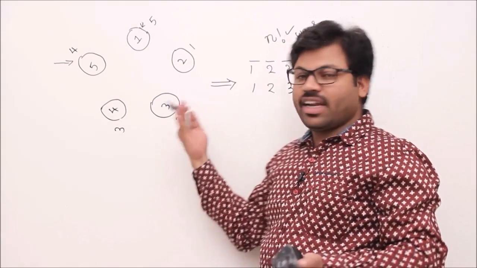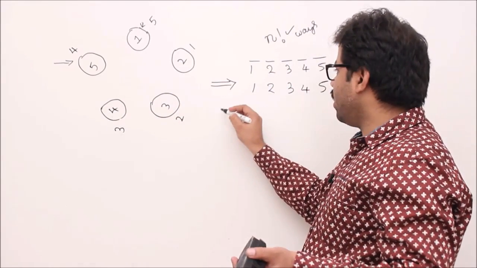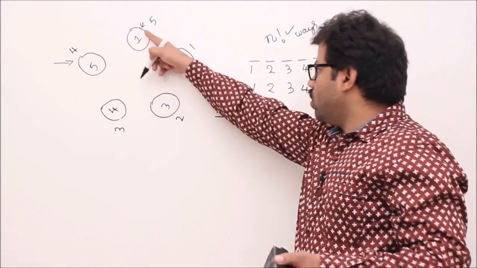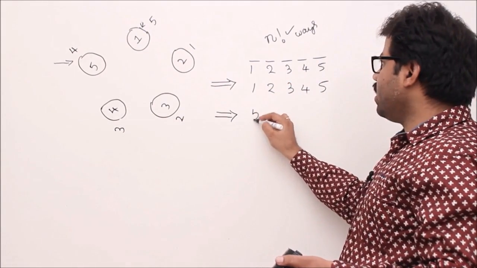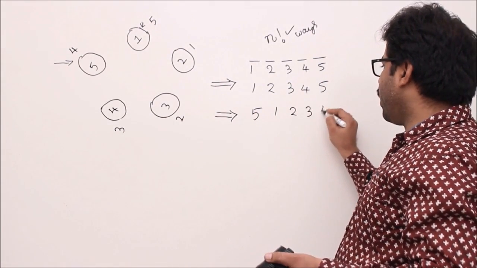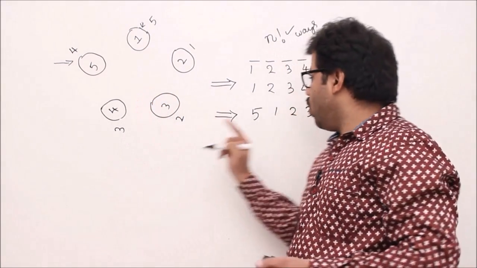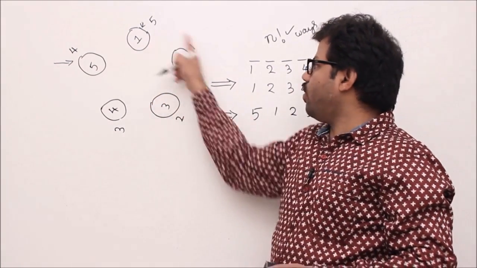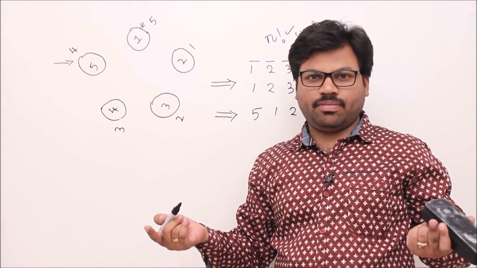It's just the same arrangement, but you are changing your view, right? But if you come to linear arrangements, this is 5, 1, 2, 3, 4. What I want to say is 1, 2, 3, 4, 5 has one circular arrangement, and 5, 1, 2, 3, 4 has one circular arrangement. Both are same. Understand?